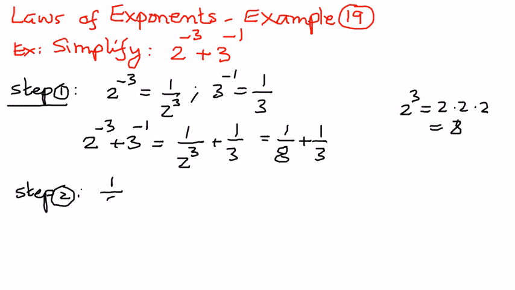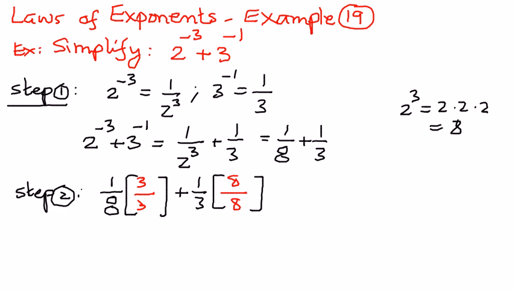So we take the first fraction, multiply and divide by a number, and we take the second fraction, multiply and divide by a number. The number we are looking for: we multiply and divide by 3 the first fraction, multiply and divide by 8 the second fraction. So that gives us a common denominator.